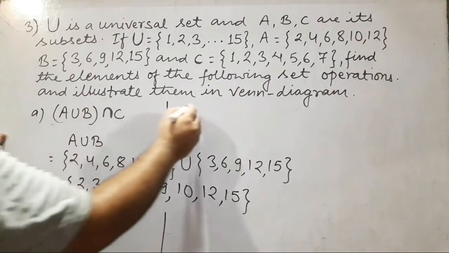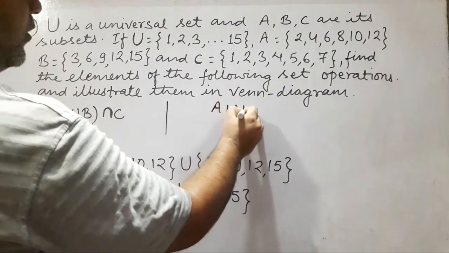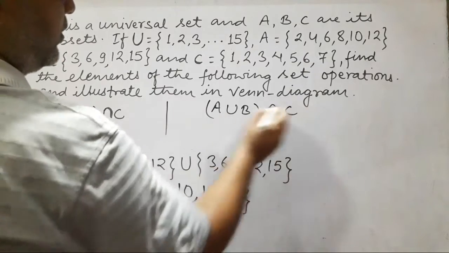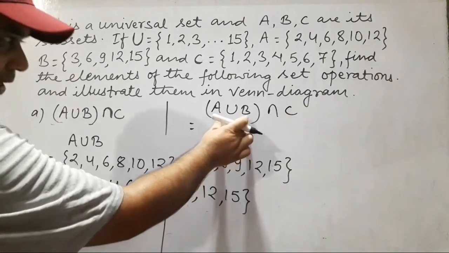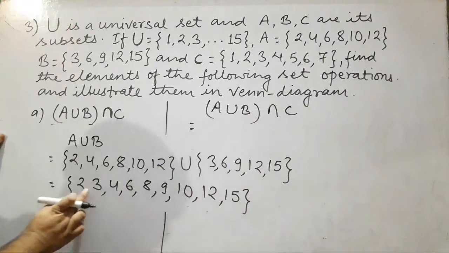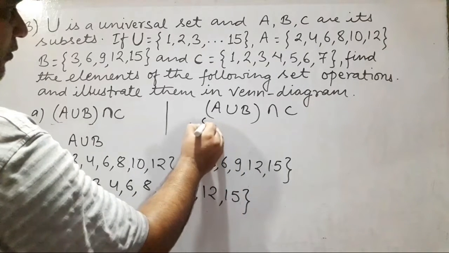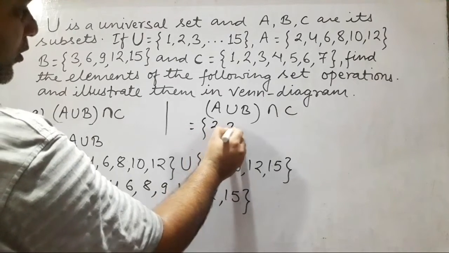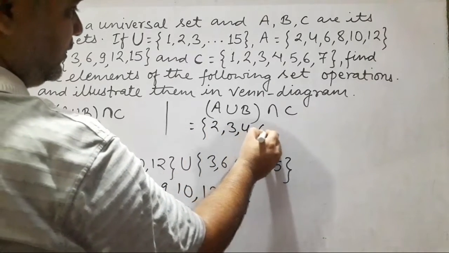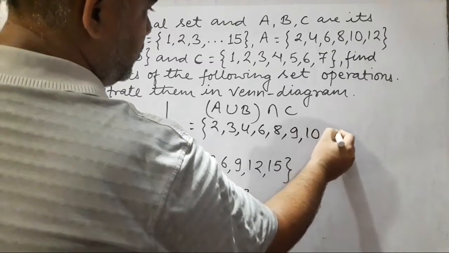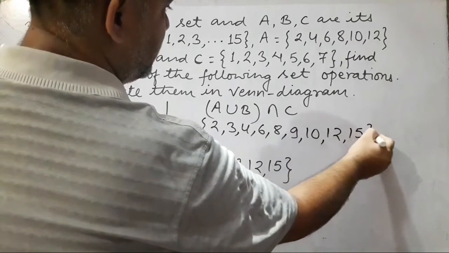Okay, A union B intersection C equal to. What are the elements lying in A union B? 2, 3, 4, 6, 8, 9, 10, 12, 15.